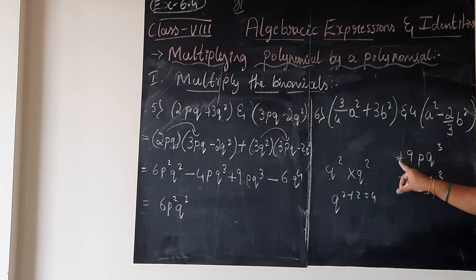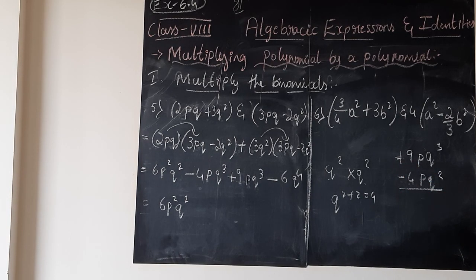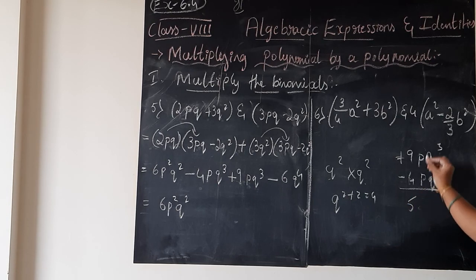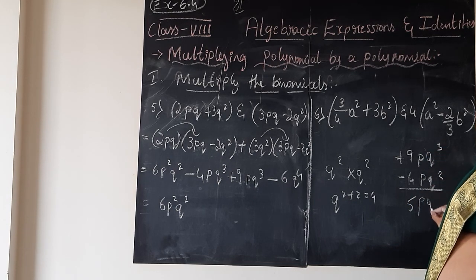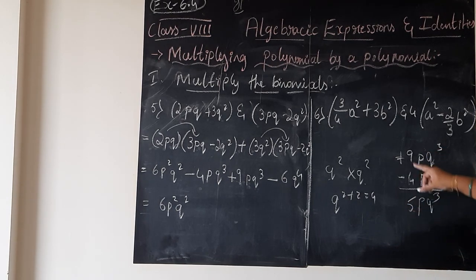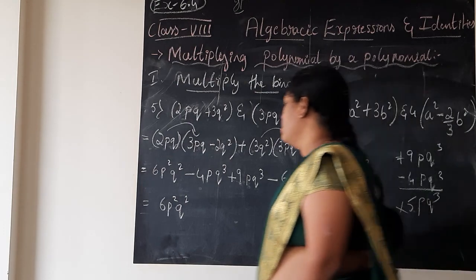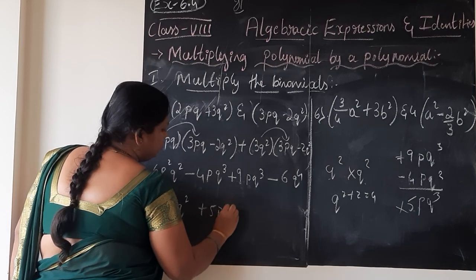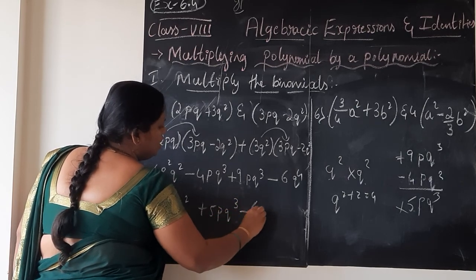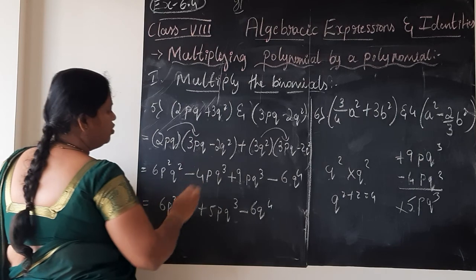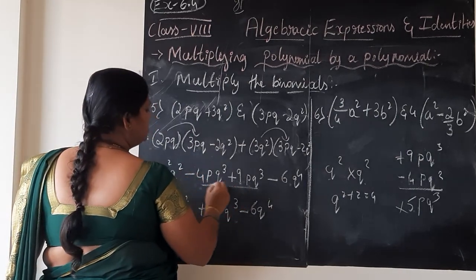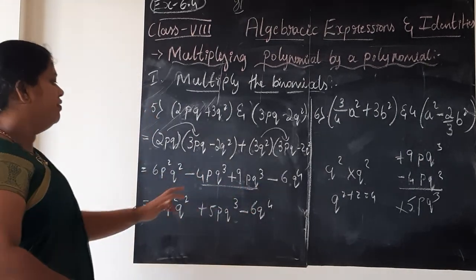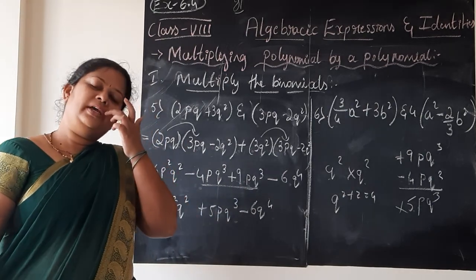One number with plus sign, one number with minus sign means subtract. 9 minus 4 is 5. Variables don't change anything when adding and subtracting. So pq cube, greater number sign, 9 is greater than 4 and 9 is having plus sign, so plus 5pq cube, minus 6q to the power 4 as it is. We simplified these two terms, children, since they had the same variable pq cube.